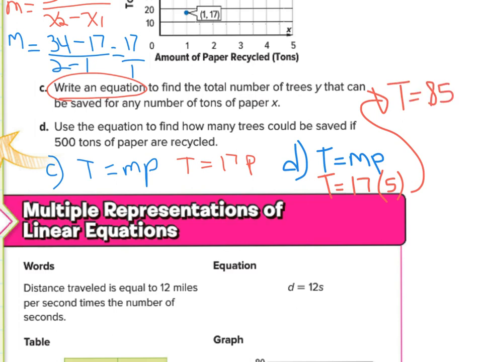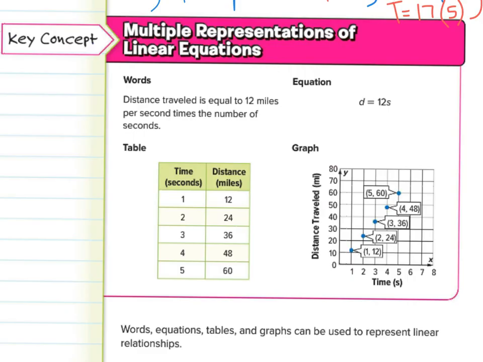Now it's not just 85, because I did times 5, not 500. But if this number were 500, I would have to include the 2 missing zeros in my product. So it would be 8,500. Therefore, 8,500 trees would be saved. Okay, I hope that made sense.